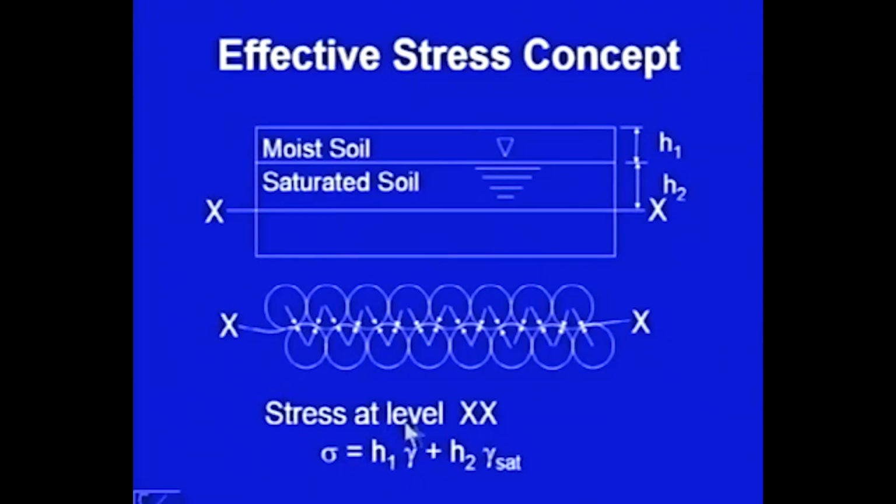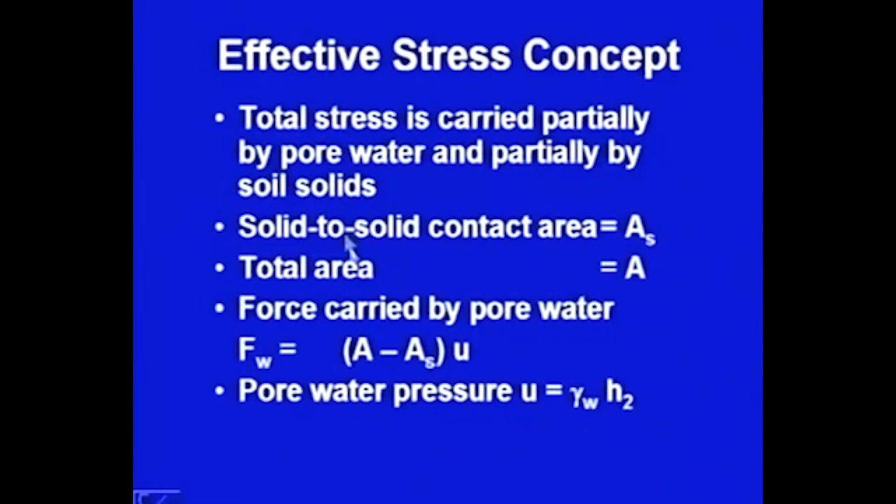The total stress at section x x, as you know, will be equal to H1 into gamma, where gamma is the unit weight of the first layer, plus H2 into gamma saturated. This will be the total stress at this particular level. Now, this total stress will be carried partially by the soil solids, and partially some pressure will be borne by pore water.